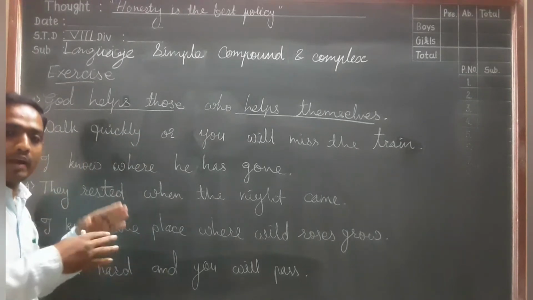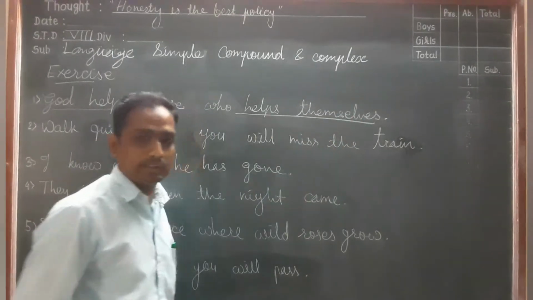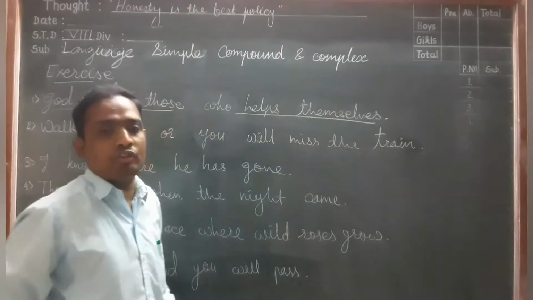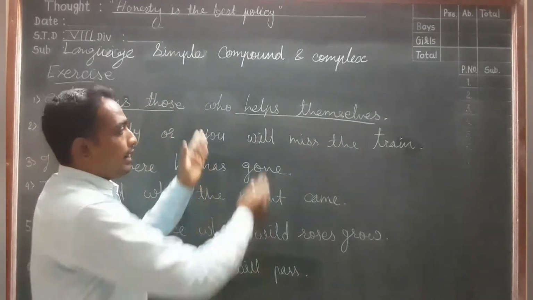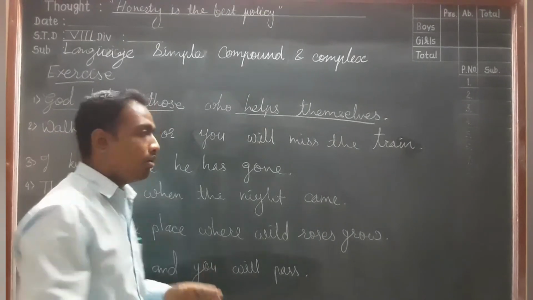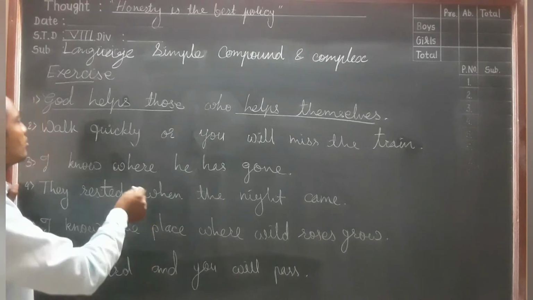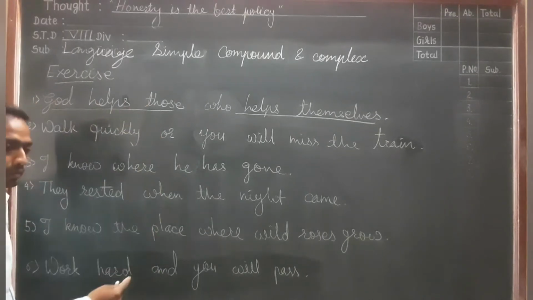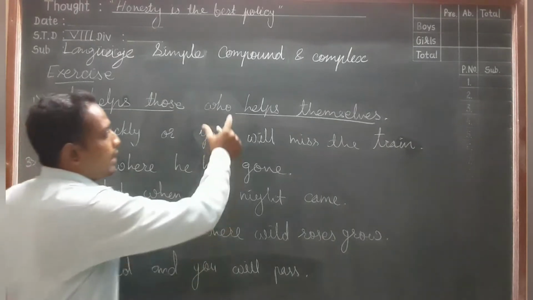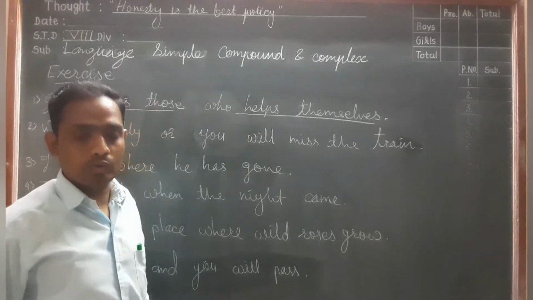It makes a complete meaning without who help themselves. But who help themselves cannot stand on its own. It cannot make a complete meaning without God helps those. So, in short, God helps those is the principal clause, the main clause, and who help themselves is a subordinate clause.